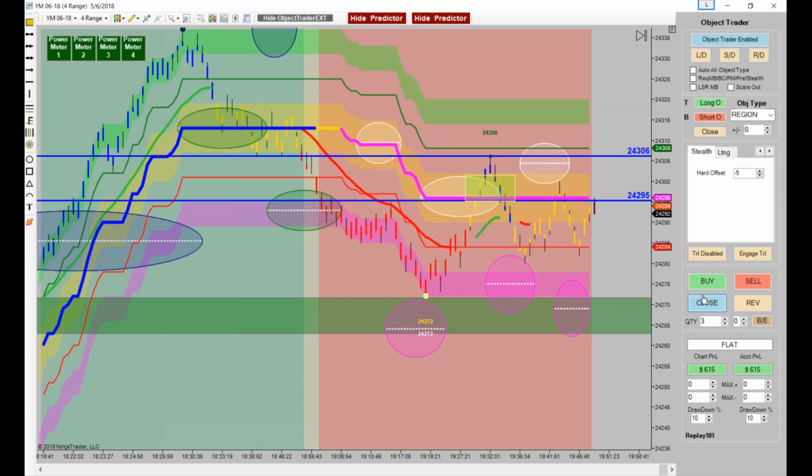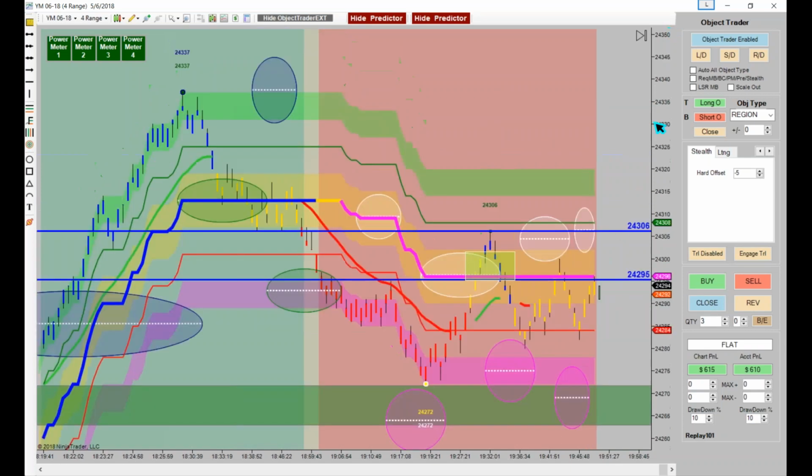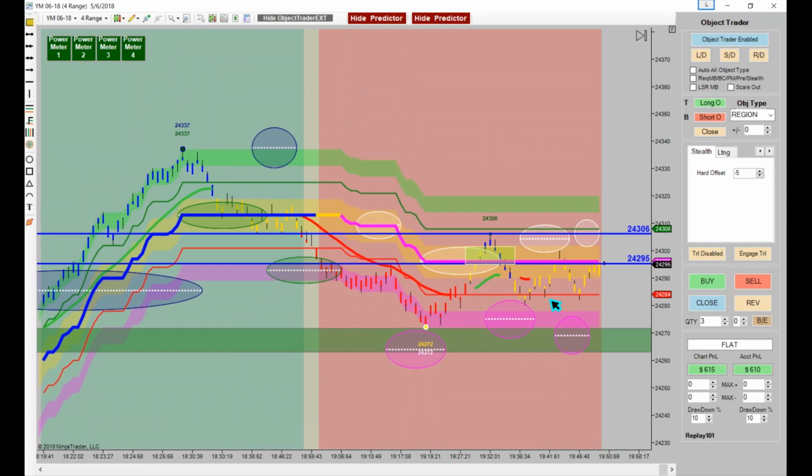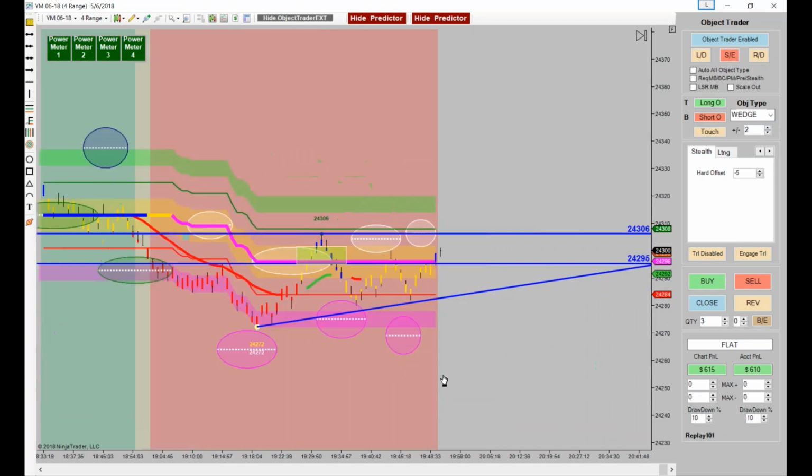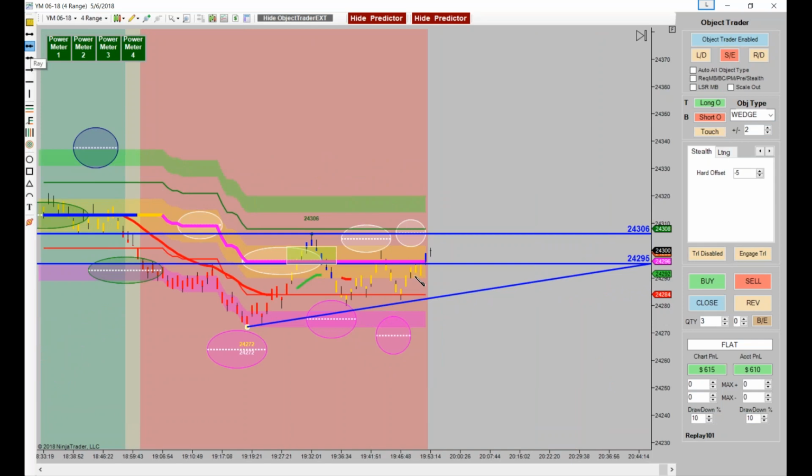See, you've got to go with the particular trend line, and you can clearly see your trend line would be right here right now, right? If you were wanting to go short. So you would do wedge, ray, not the ninja ray, that is. Short, touch +2, and you could even do another trend line like so.